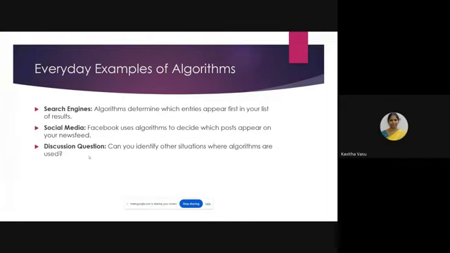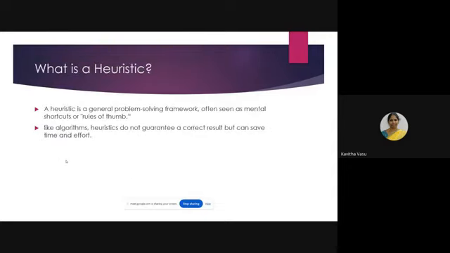Then discussion questions encourage identifying other situations where algorithms are applied, such as sorting emails or scheduling tasks. These are all the discussion questions and everyday examples we use for the algorithm.